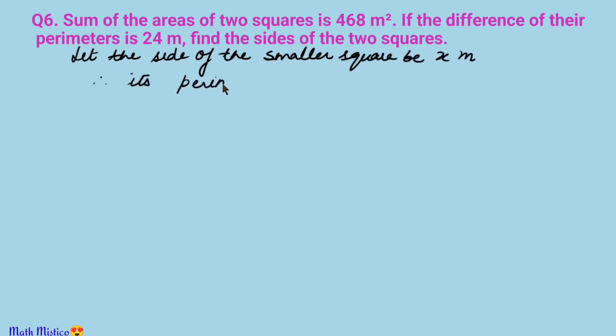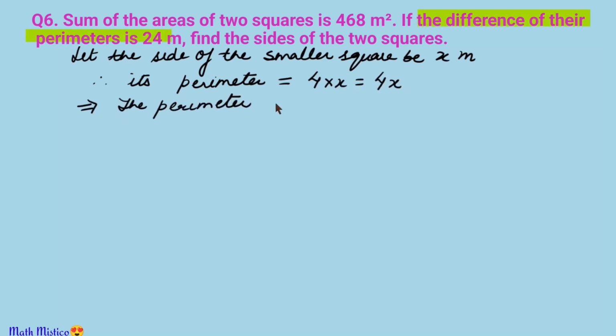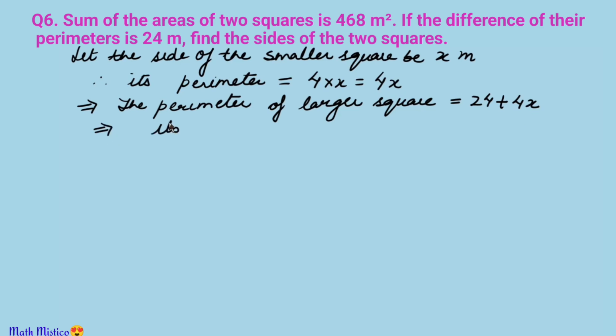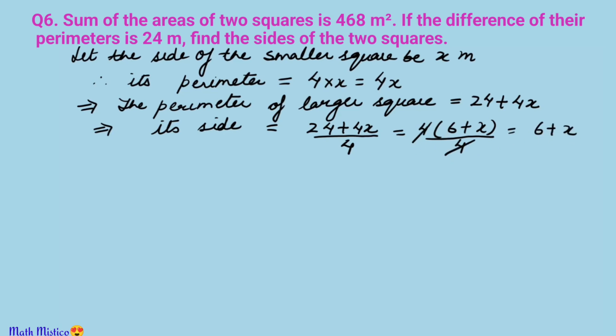Its perimeter will then be 4x. This means the perimeter of larger square will be 24 plus 4x. Therefore, its side will be 24 plus 4x upon 4. Taking 4 common from the numerator and simplifying, it is equal to 6 plus x.